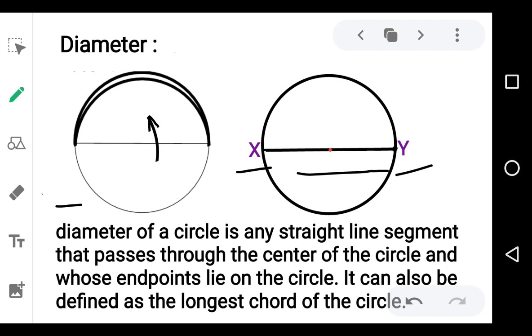The diameter of a circle is any straight line segment that passes through the center of the circle and whose end points lie on the circle. It is also called the longest chord of the circle. And remember that the diameter is twice the radius.